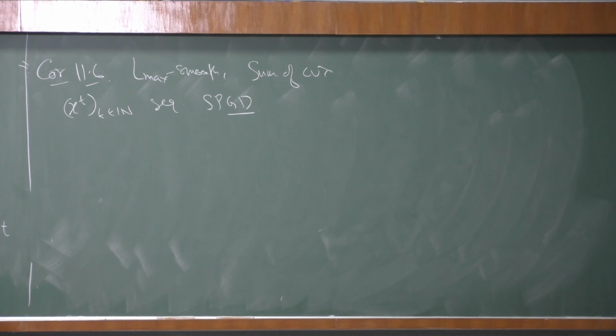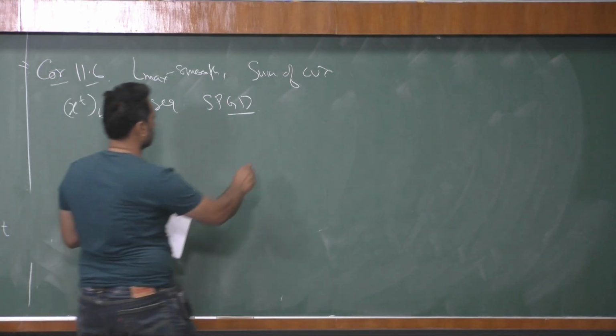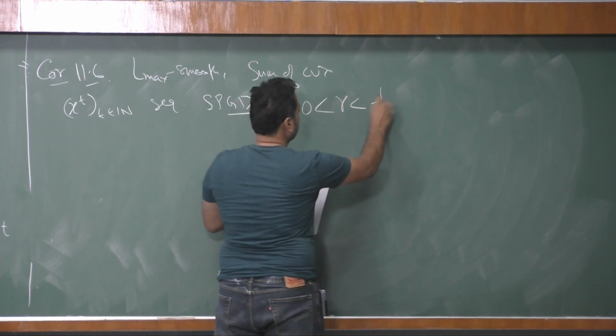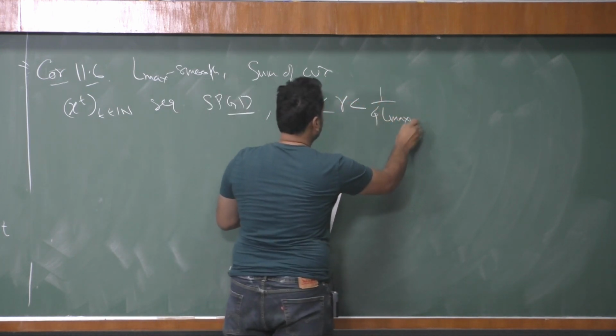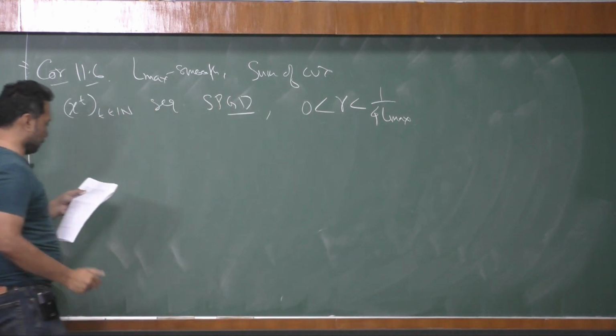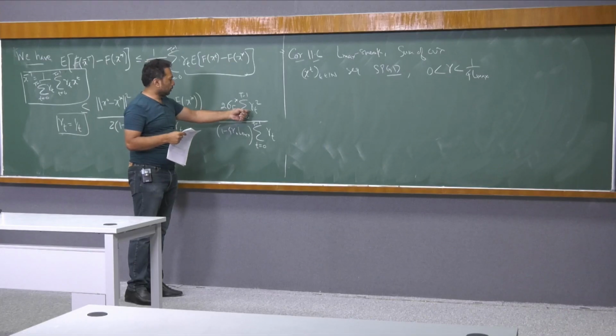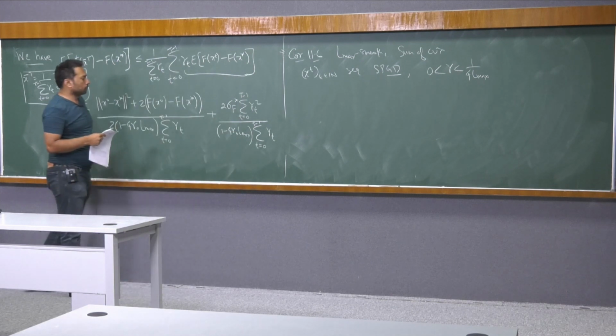And if we assume a constant step size, we are just doing some analysis right now. What if we assume a step length which is constant, there's no variation with t? Then obviously we just put it here: in place of gamma t, I just put gamma, and gamma square and gamma.